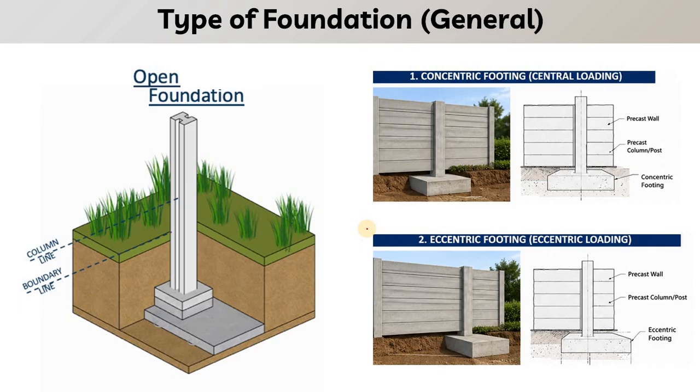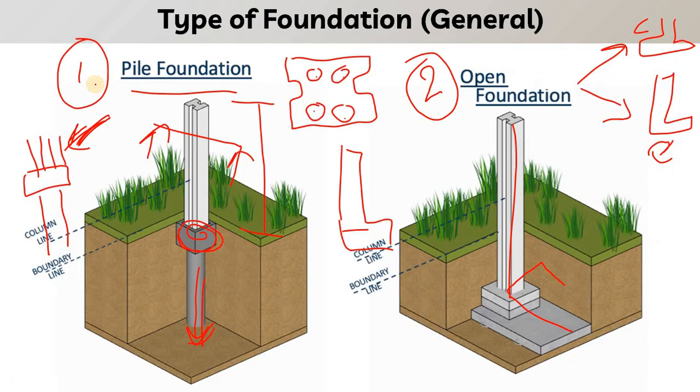As I told you, in type 2, which was open foundation, let us come to the previous slide. As I discussed, there are two different types of foundation in open foundation: one is eccentric footing and the second is concentric footing.